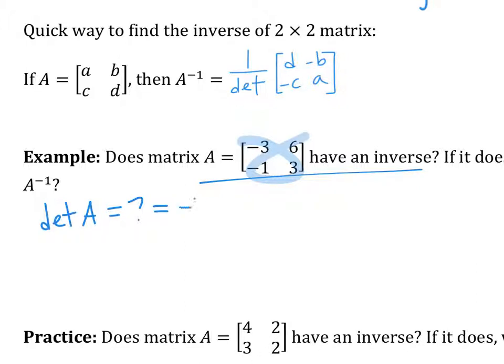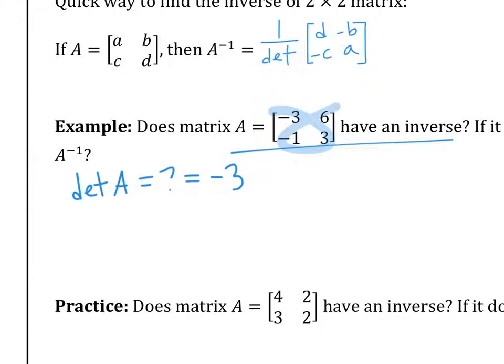Negative 3, yep. So does it have an inverse? Yes. If the number is not 0, it has an inverse. So there is an inverse matrix to this, and then we want to figure out the inverse matrix.